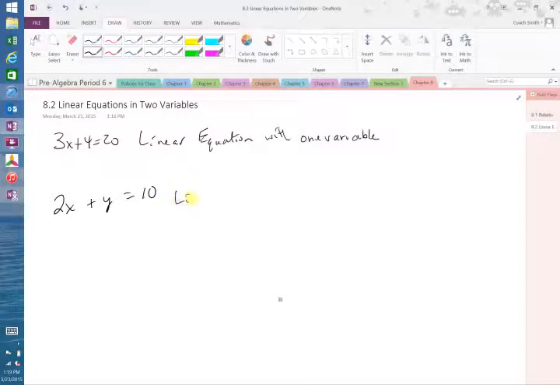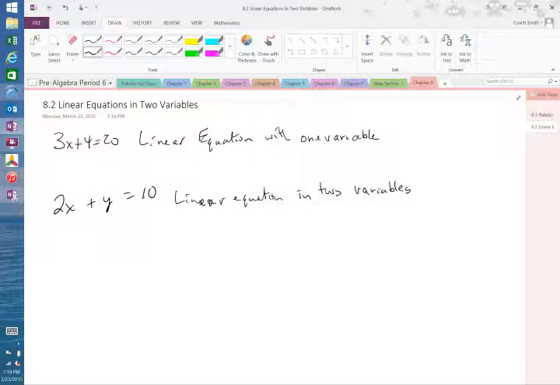This is a linear equation in two variables.